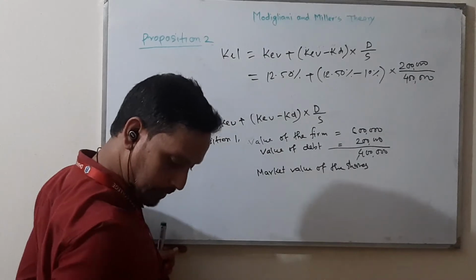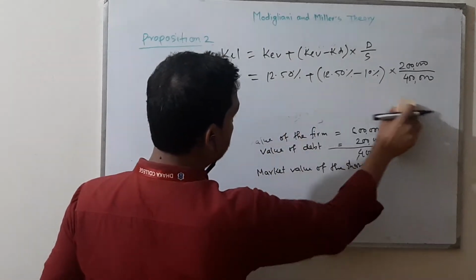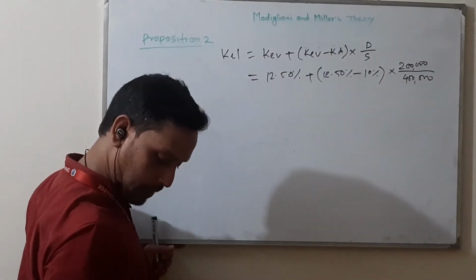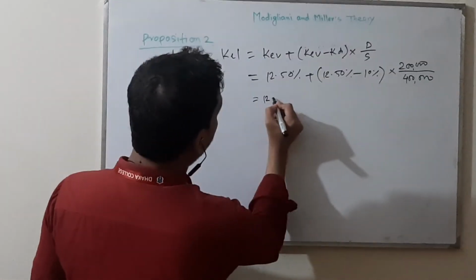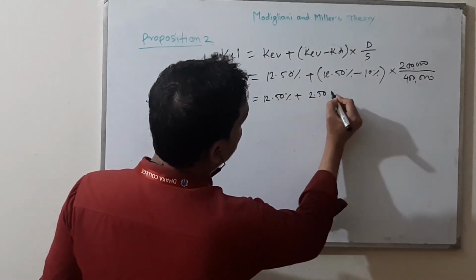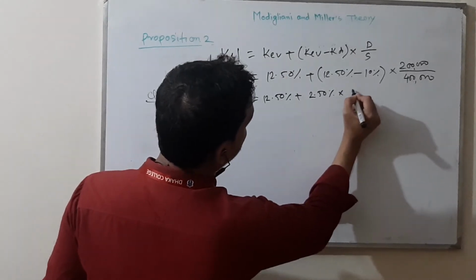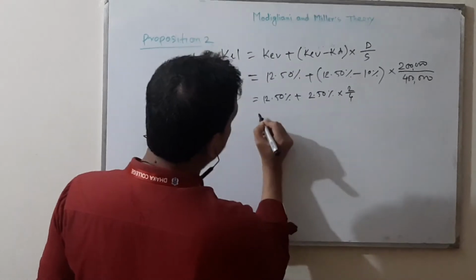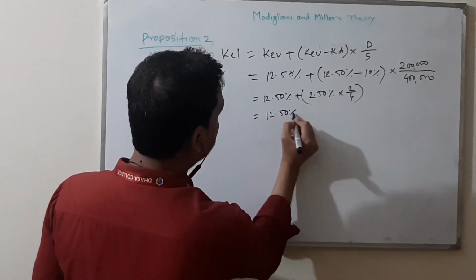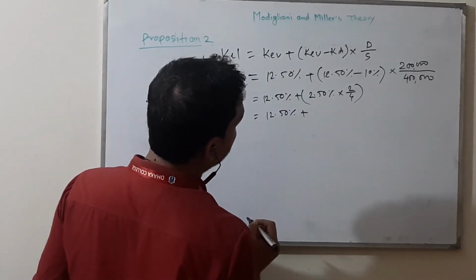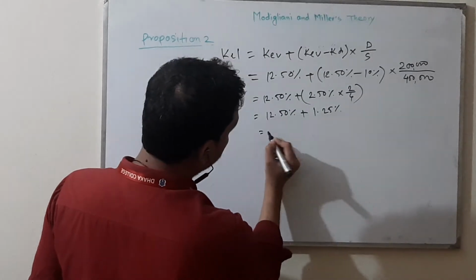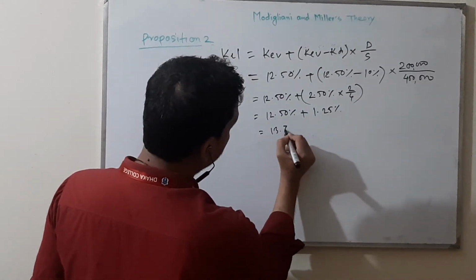So here it is 12.50% plus 2.50% into 2 divided by 4. I mean 12.50% plus 1.25%, I mean 13.75%.